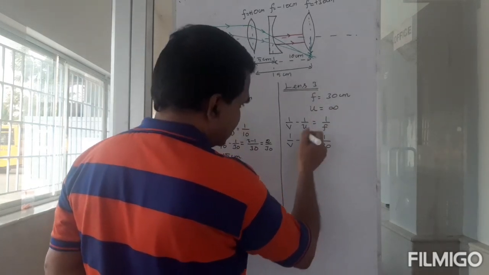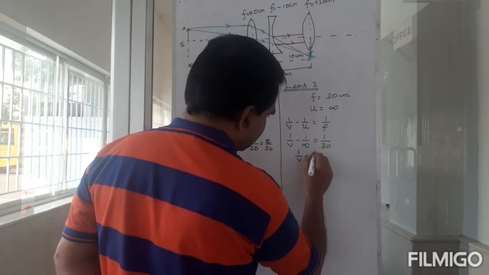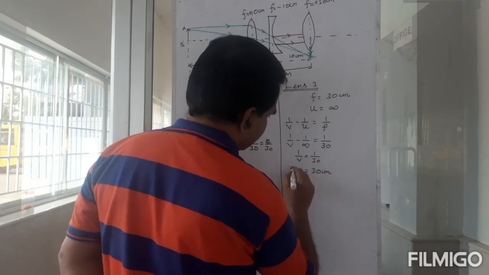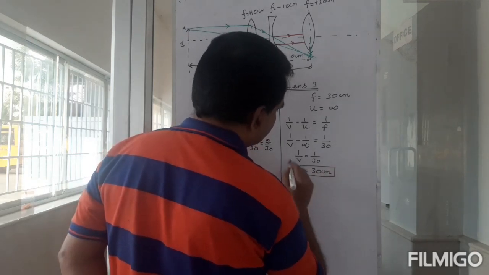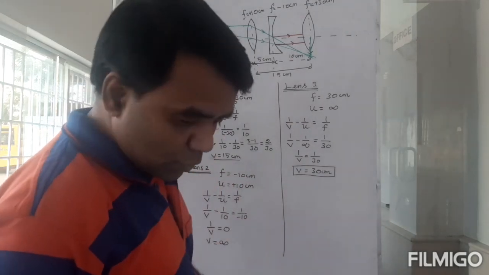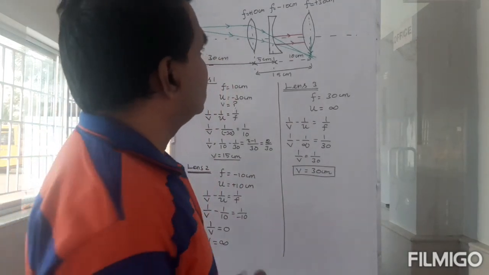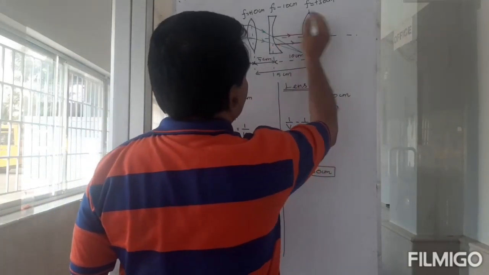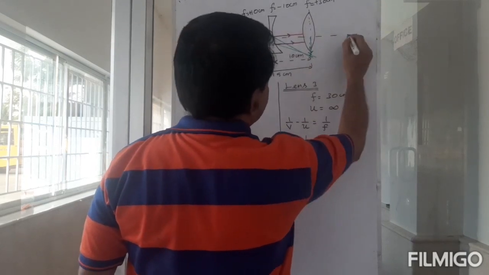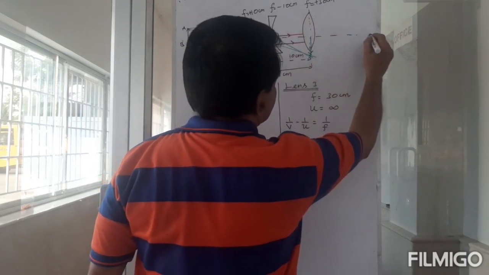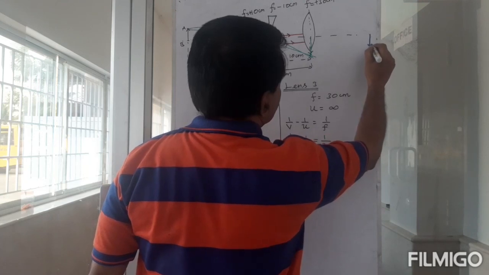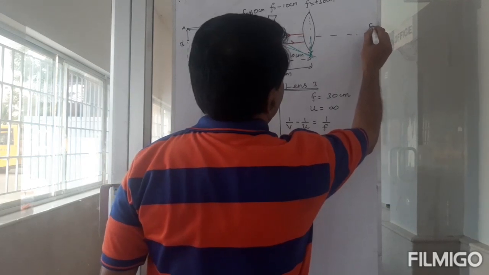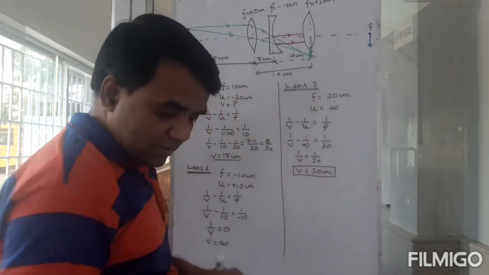So 1 by v is equal to 1 by 30, so v is equal to 30 centimeters. All the parallel lines will form an image here on this side, right? So this is f, 30 centimeters.